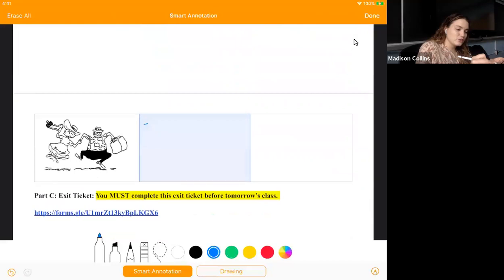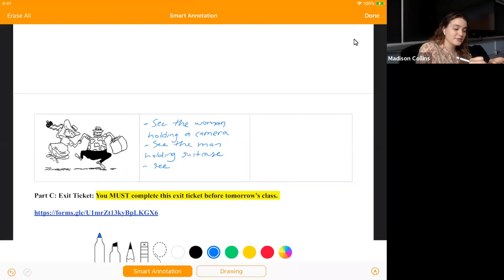All right, and one more picture, observations about this. Well, I can see that the woman is holding a camera. I see that the man is holding a suitcase. And I see this couple skipping. So what are some inferences I can make based on those observations?